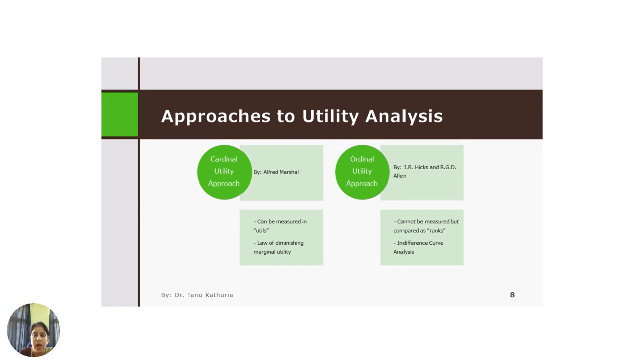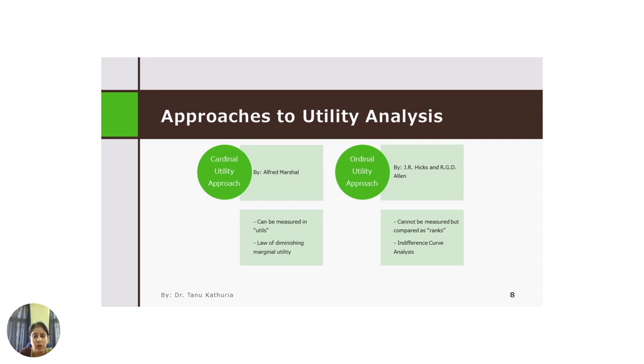Again, the same thing: one is total utility, another is marginal utility. When we look at how the utility approaches can be seen, there are two: the cardinal utility approach and the ordinal utility approach.